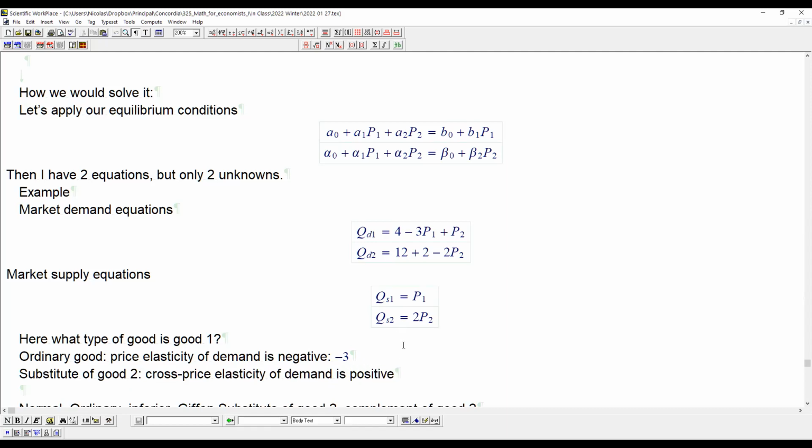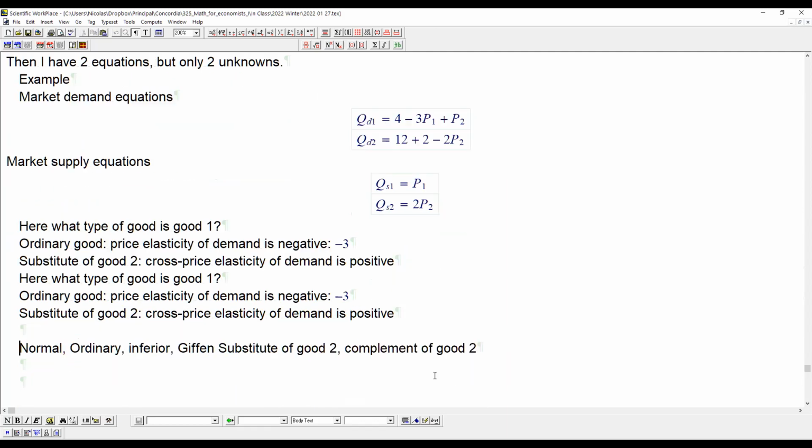So what this means is if good 2 becomes more expensive, I want to consume more of good 1. So probably what I'm trying to do is make up for the fact that I can use less of this good. So I'm finding a substitute, and good 1 is a substitute. All right.